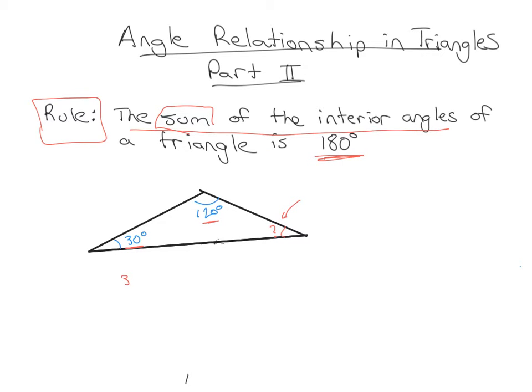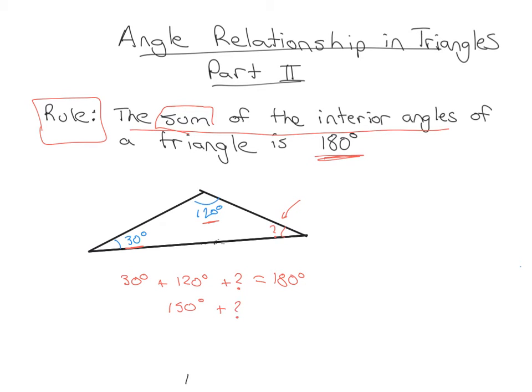If I take my 30-degree angle and I add it to my 120-degree angle, and I add it to the angle I don't know, it should add up to 180 degrees. So for some of us, we might actually be able to look at this and say, oh, 30 plus 120, that adds up to 150 degrees.